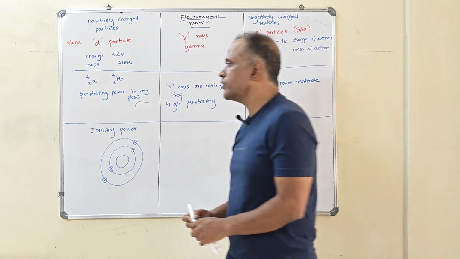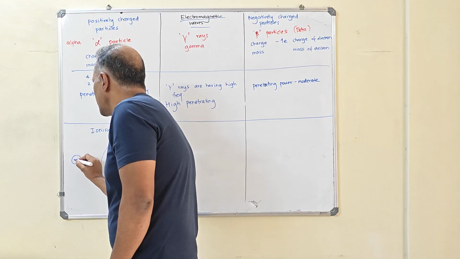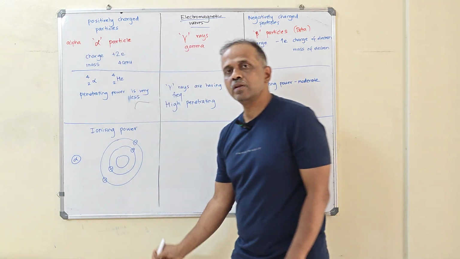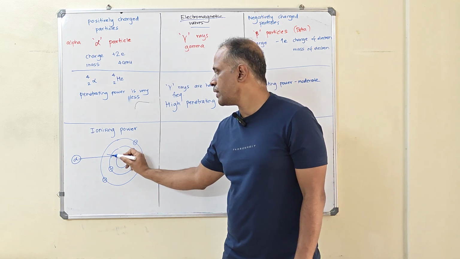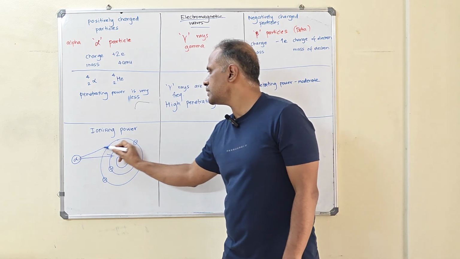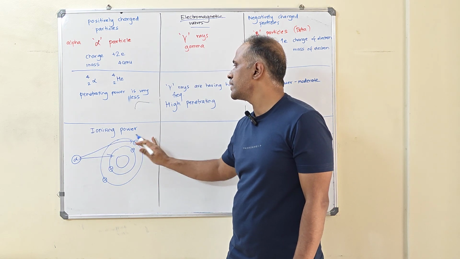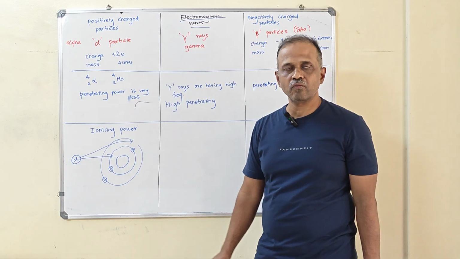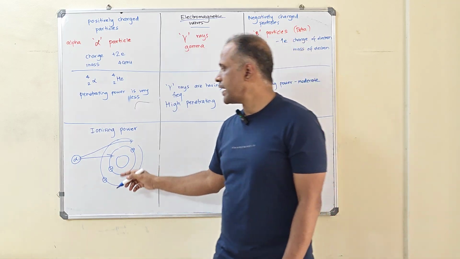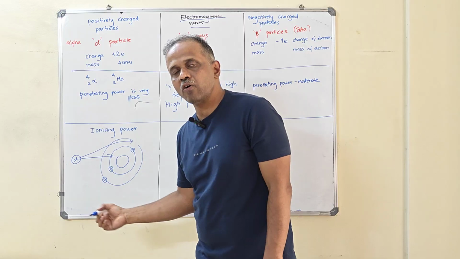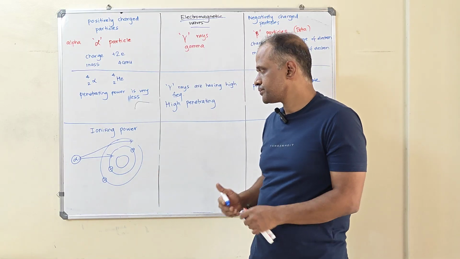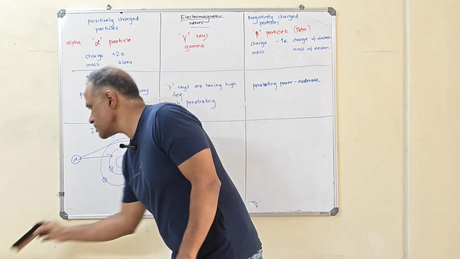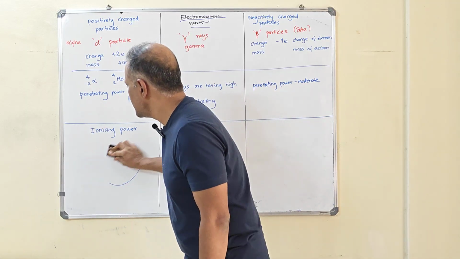If an alpha particle is bombarded on this atom, then there is a likelihood that it will dislodge an electron from the atom, and the atom will become positively charged, or you can say the atom would be ionized. This is nothing but the ionizing power.